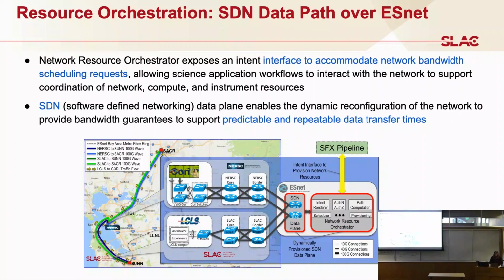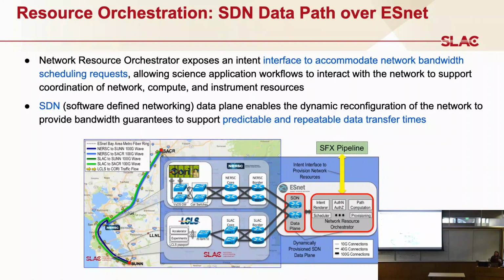The last detail of this is that ESnet is not just a series of tubes. It's not just wires connecting point A to point B. It's really much more than that. It's a software-defined network, and there are resources behind it, a network resource orchestrator that can, on the fly, dynamically figure out what kind of resources you need in order to handle a job so that you get consistent data transfer times.